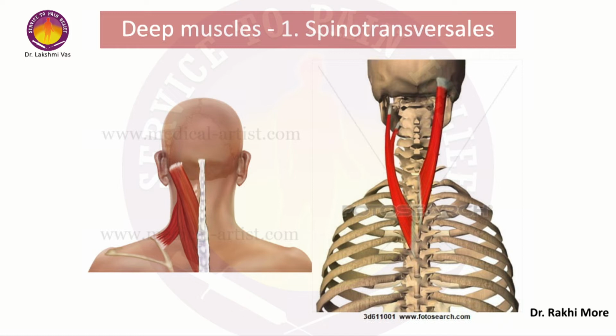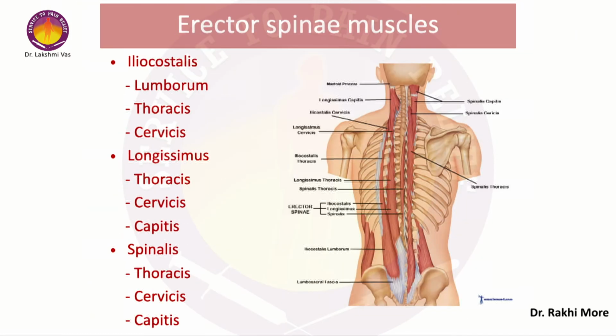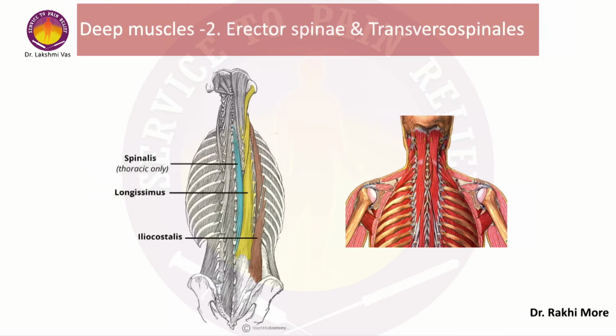These are the extensors and the rotators of the head and the neck. This is the first group in the deep muscles. The second group in the deep muscles is the erector spinae and the transversospinals. Now this erector spinae is a longitudinal muscle and transversospinal is an oblique muscle running from the transverse process to the spines.